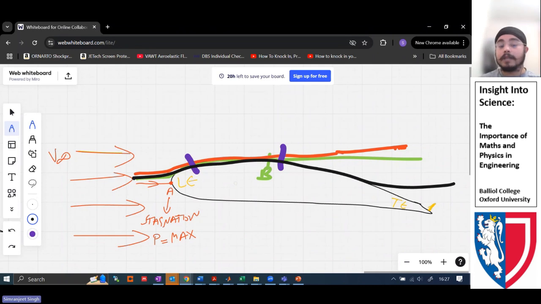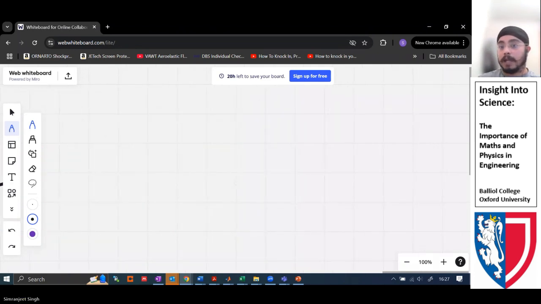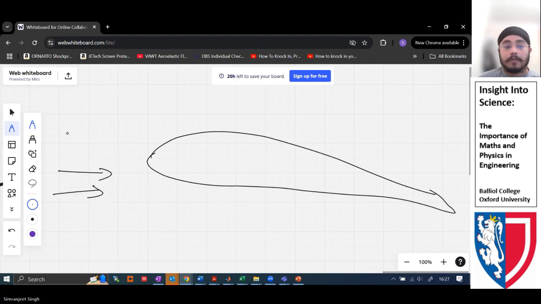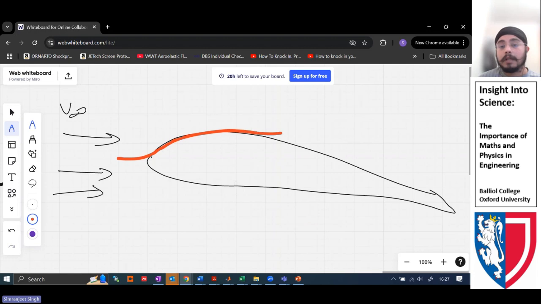There are multiple things that we can actually apply. Let me just draw that airfoil again. Now, we have V infinity as the free stream velocity coming up to the airfoil. First, this is the initial case that I drew earlier, where it is separating here.